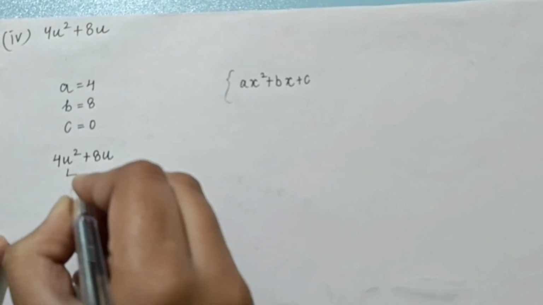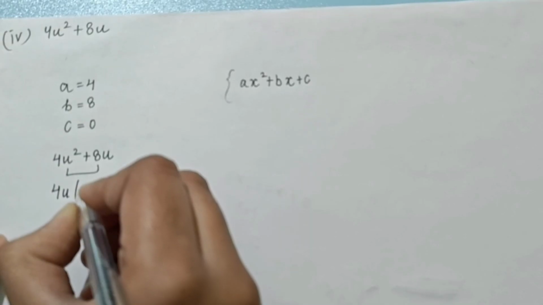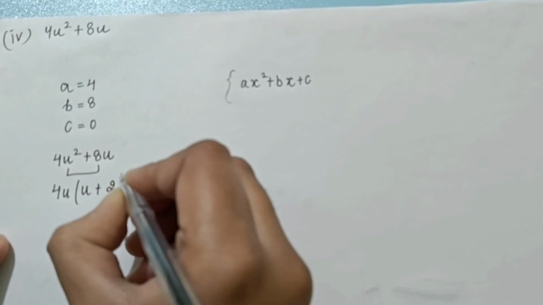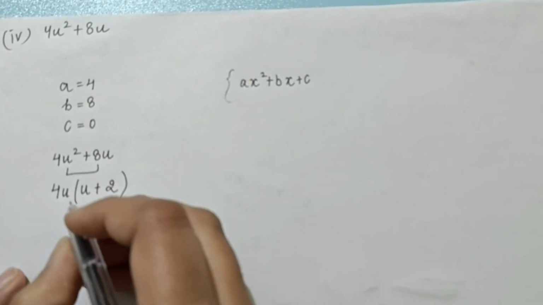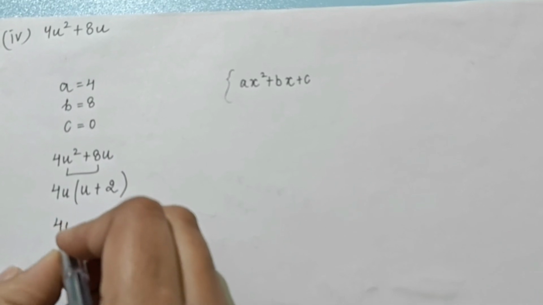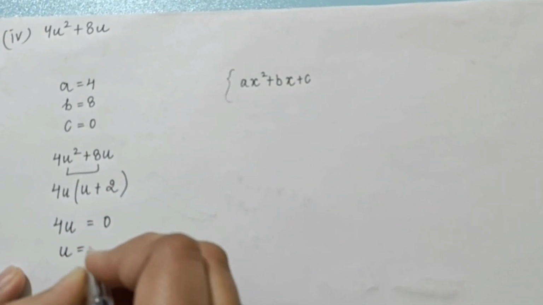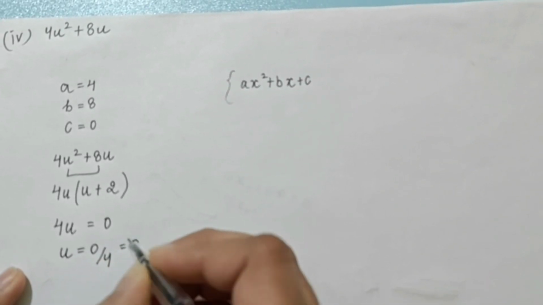We take common 4u from here. Okay. So what will we get here? u plus 2. Okay. Now we have to find their zeros. That means we will put 4u is equal to 0. What will we get for u? 0 by 4 which is equal to 0.